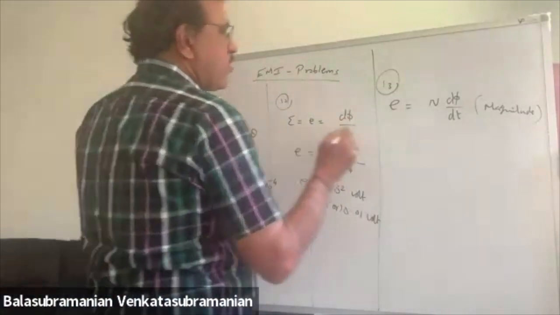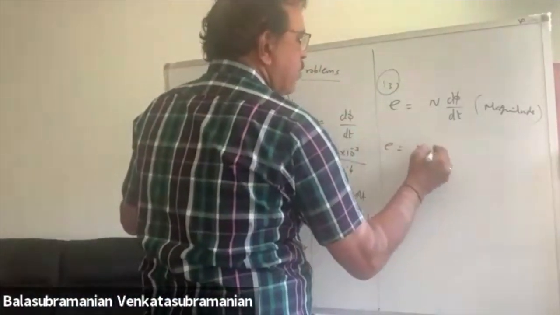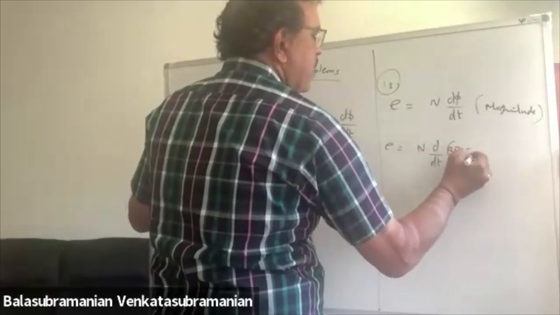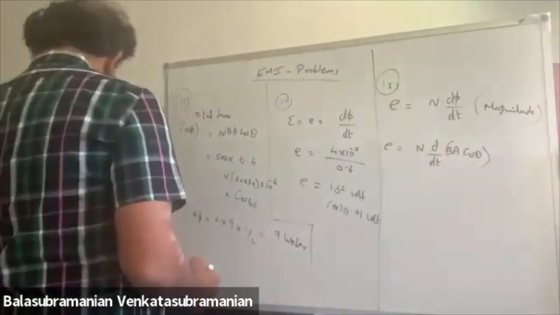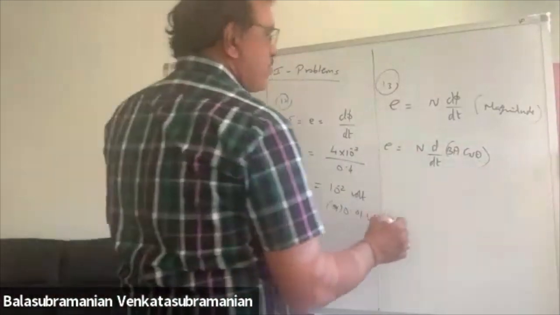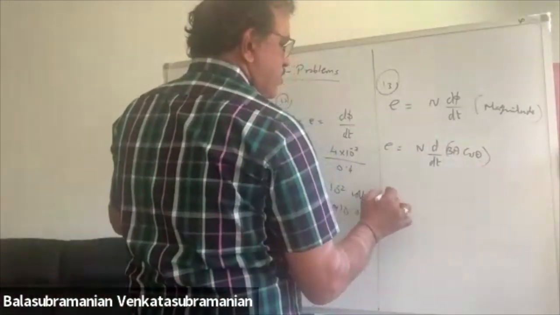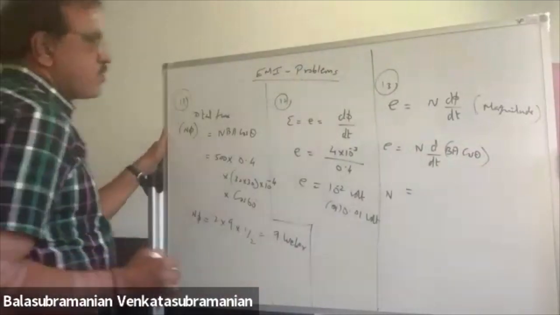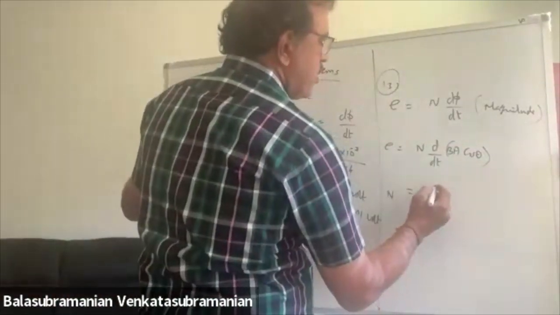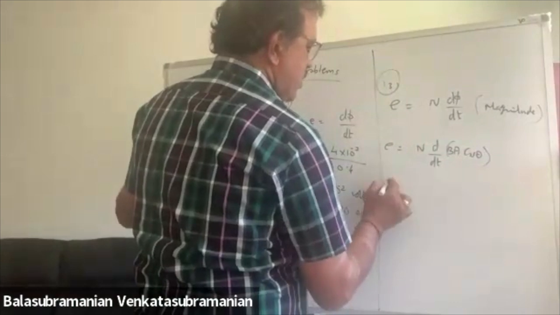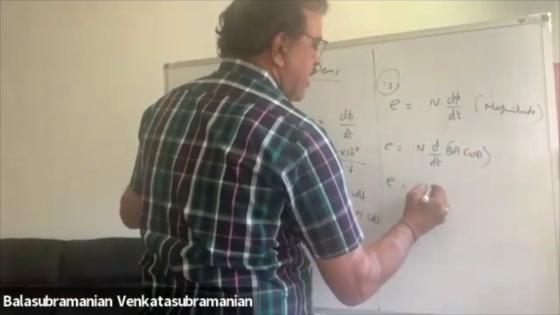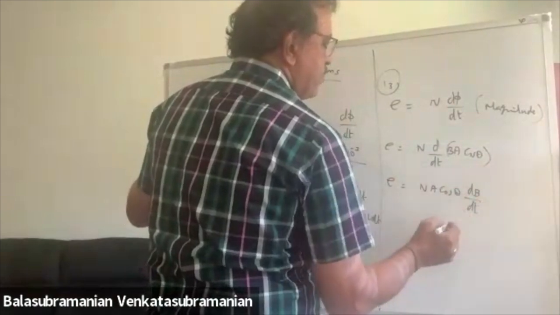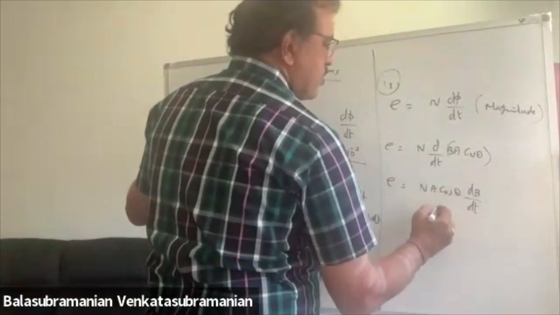So E is equal to N into d by dt of BA cos theta. Our aim is to calculate N. So N is equal to formula. We can finish this. E is equal to N A cos theta into dB by dt. Here theta is equal to 0.